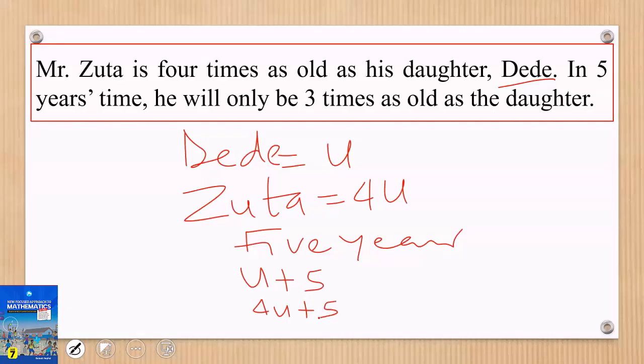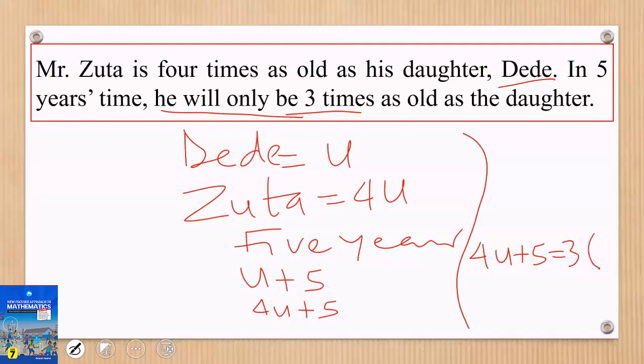But then there's a relationship between their ages in the 5th year. And that relationship is that in 5 years to come, the man will only be 3 times as old. So the man who is then 4u plus 5 will be 3 times as old as the daughter, so 3 times the daughter's age in 5 years, which is u plus 5.